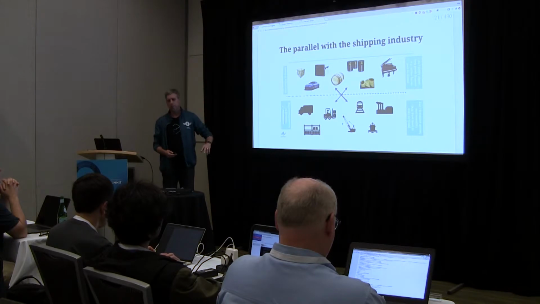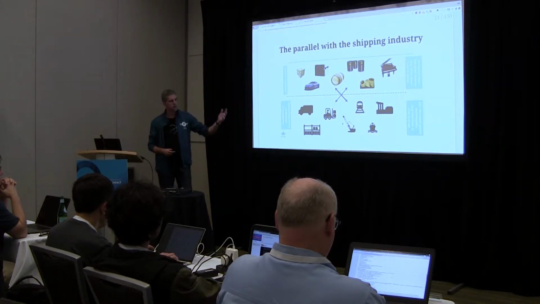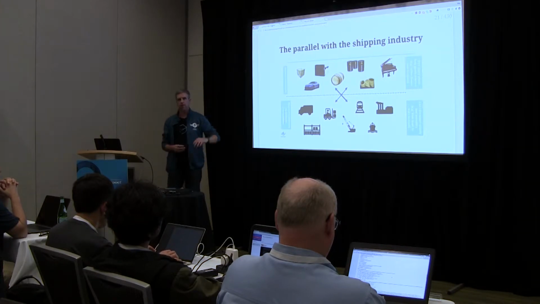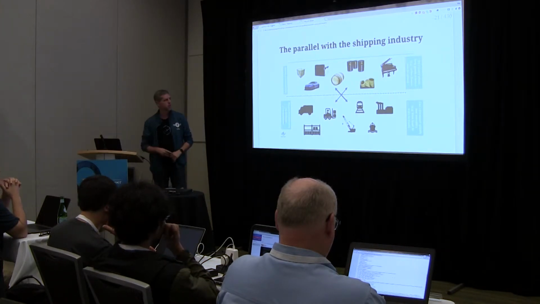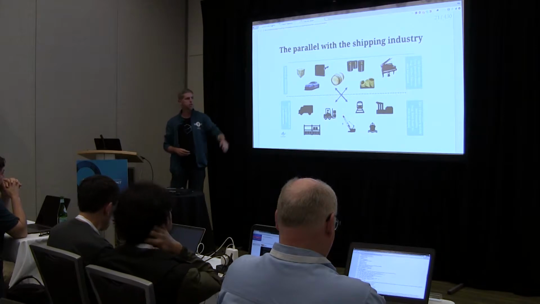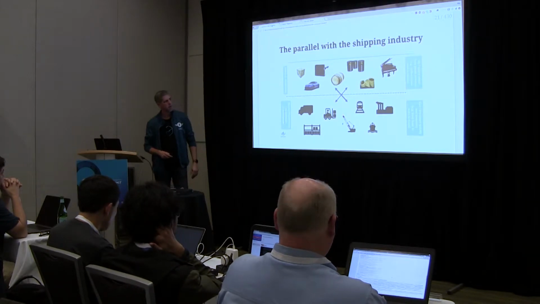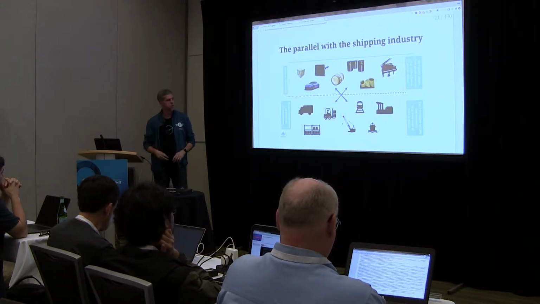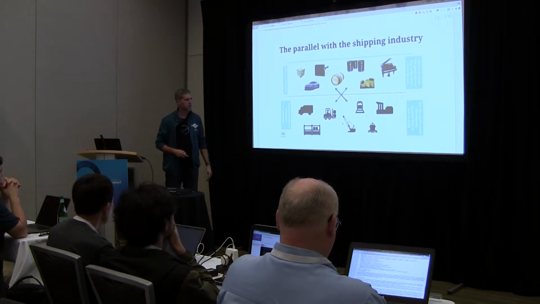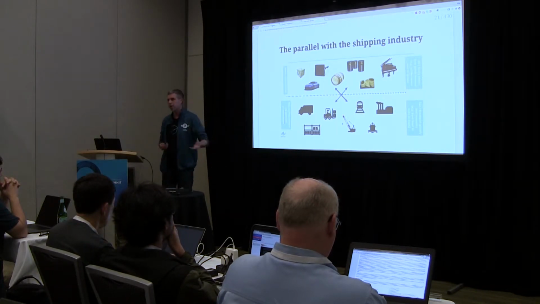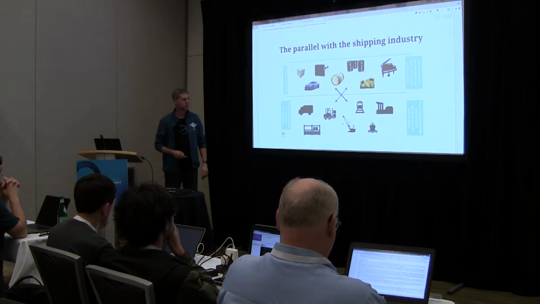You may have heard people talk about this parallel with the shipping industry, that the actual physical container. In fact, if you look here in the Vancouver Bay, you can see the container ships and the container port. That was really a huge improvement on the shipping industry of trying to find a standardized way to get products and goods from one place to another using common tools.